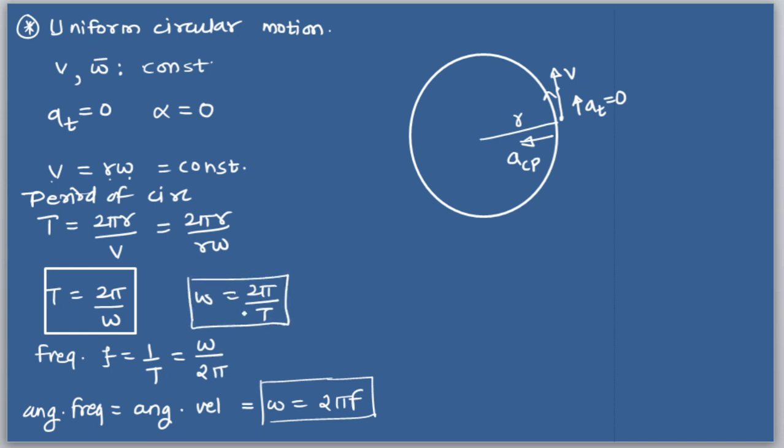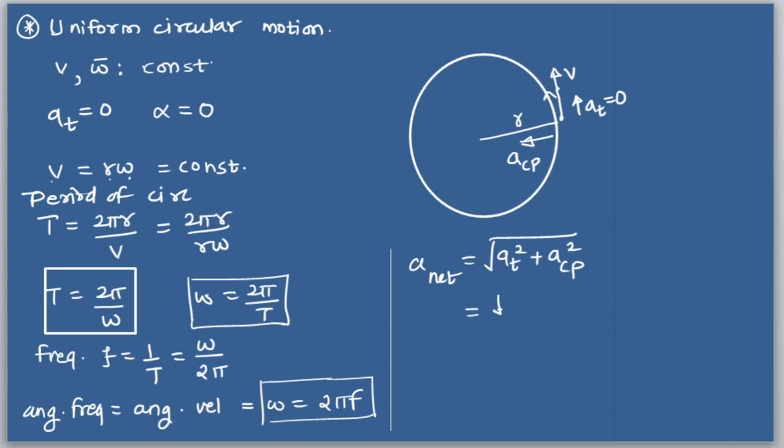Next, let us write the net acceleration for uniform circular motion. We know the tangential acceleration is 0, so the net acceleration is only the centripetal acceleration. Its magnitude is equal to the square root of a_t squared plus a_r squared, radial or centripetal acceleration.